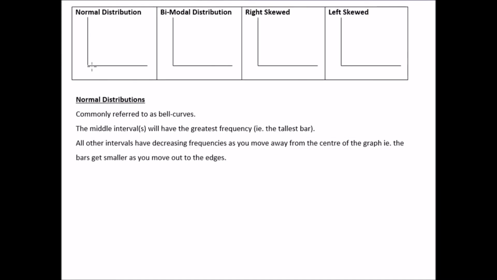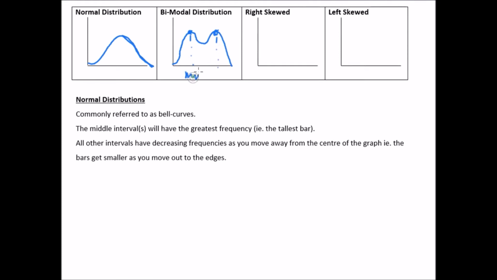First let's draw the normal distribution. This is the bell curve. It goes up, it goes down, and it's symmetrical. Bimodal is when we have two peaks. If you listen to the name, mode, there's two modes.